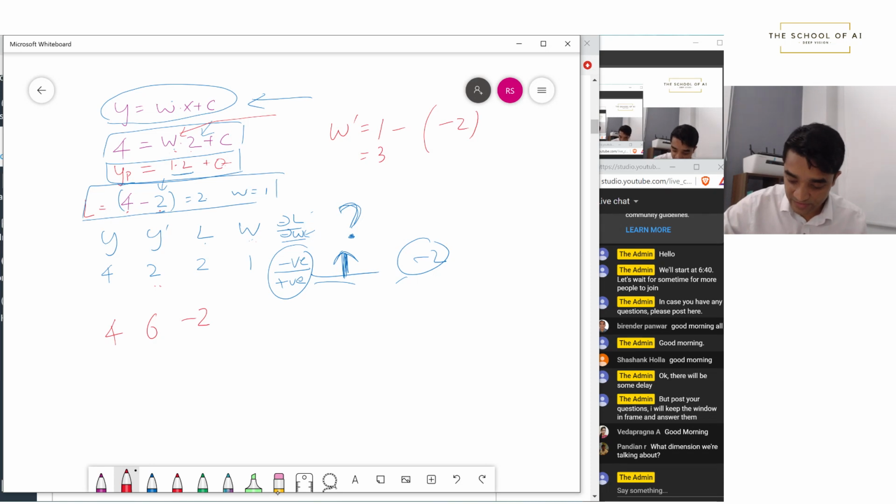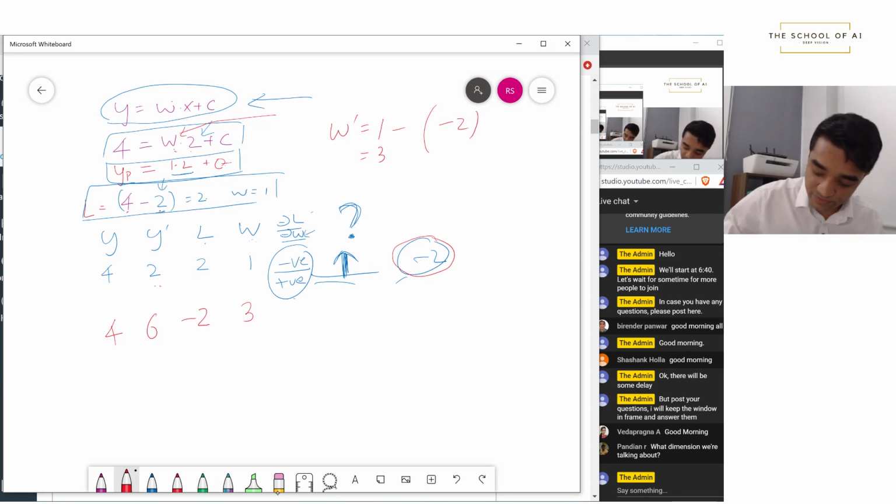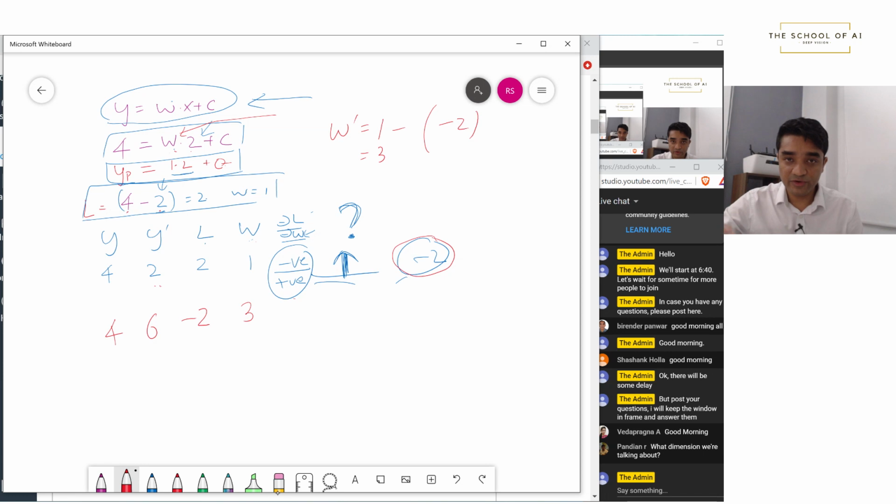This is very interesting. See what will happen now. Our weight right now is 3, and now let's look at the derivative again. If you calculate the derivative again, it's again going to become minus 2, right? But what do we do? So this is from this guy, but what exactly do we want to do actually?